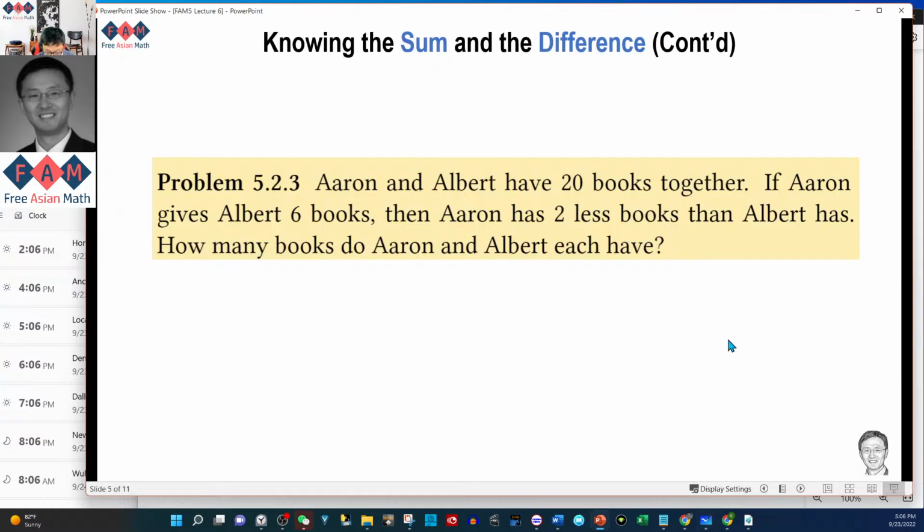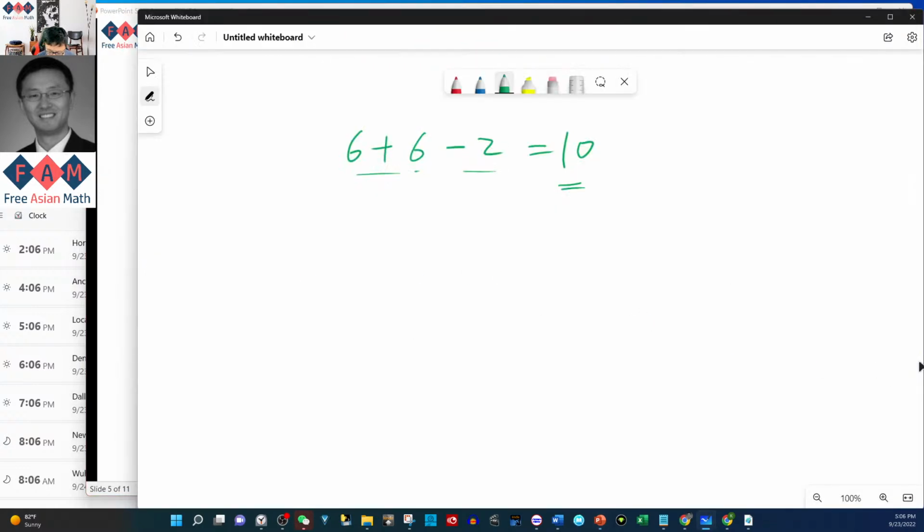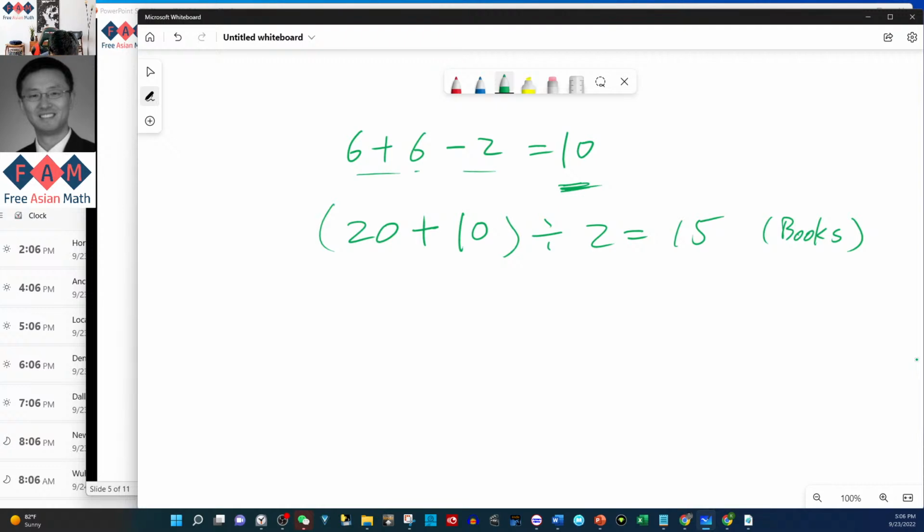And what is the total? Total is 20. So now we know how many books Aaron actually has: this sum plus the difference. Remember, this is the number that Aaron has more books than Albert has. So this is divided by 2. This gives us 15 books. And don't get confused, this is Aaron's number of books. How many books does Albert have?